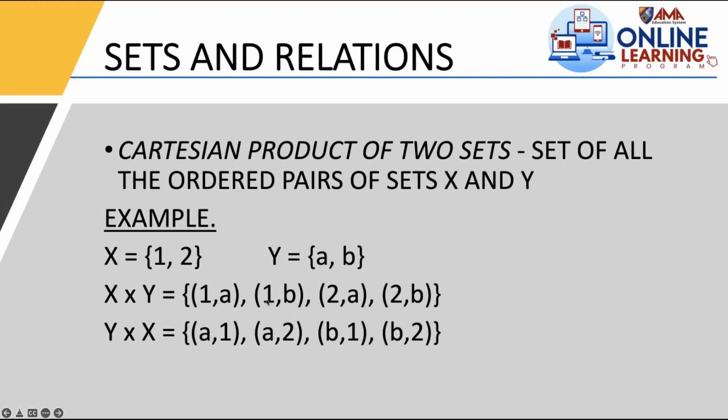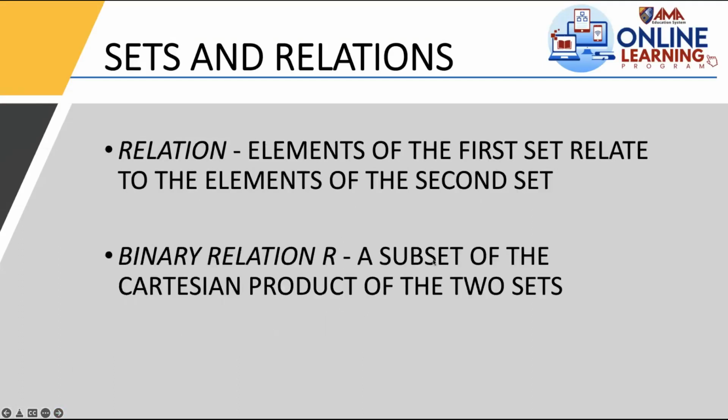We can have (1, A), (1, B), (2, A), or a different order. It doesn't matter, same set, equal set. To make it different, you choose others, like (1, B), (2, A), (2, B), and so on. And also the 4 elements: the whole set is a subset of itself. Actually, the null set is also a subset of this. So all of those are possible binary relations, because a binary relation is a subset.